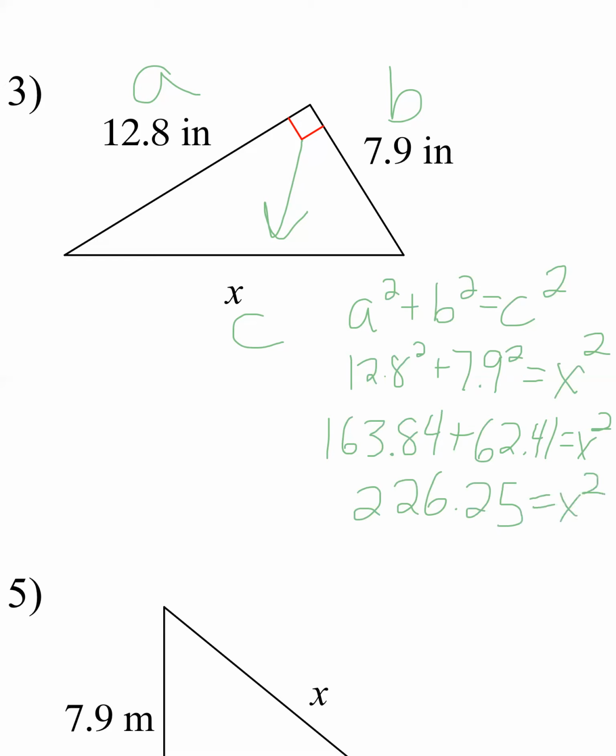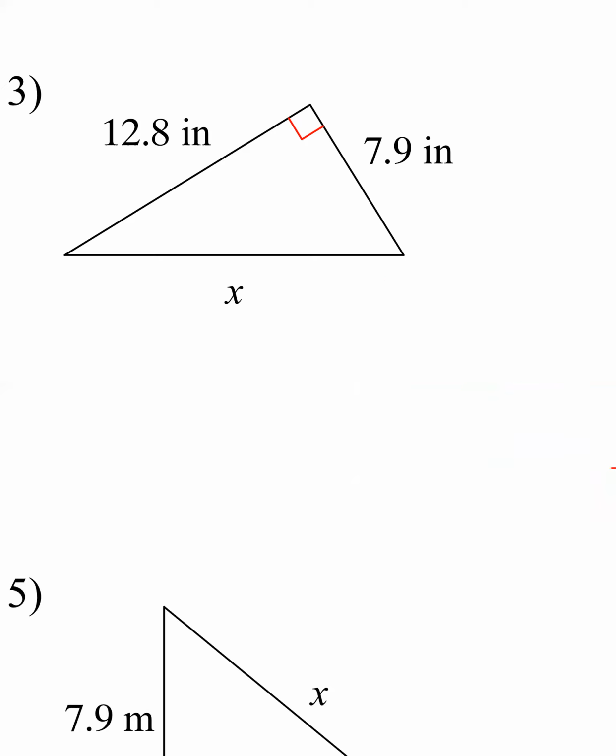So now all that's left for me to do is to sneak in and take those square roots. So square root of my answer is 15.04. So if I'm rounding to the nearest 10th, that's just 15.0. Okay, double check. Is it bigger than my other two sides? It is. So I'm feeling confident about that answer.